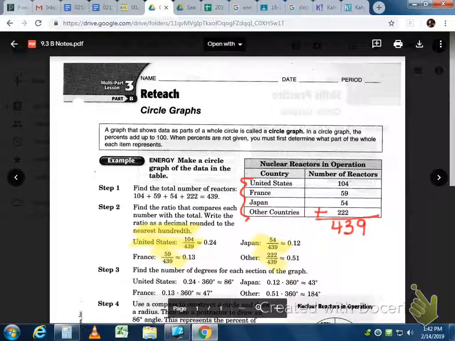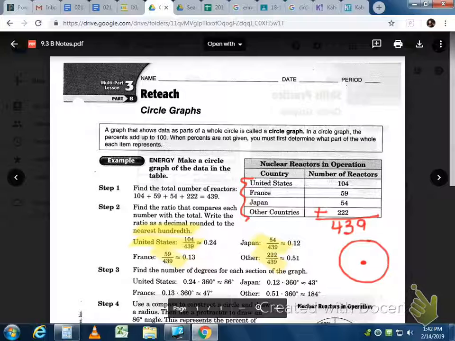But let's see why they've left them as decimals for right now. When you're drawing a circle graph, you have to figure out when you're doing the circle how big each section would be. So you'd start with the center.